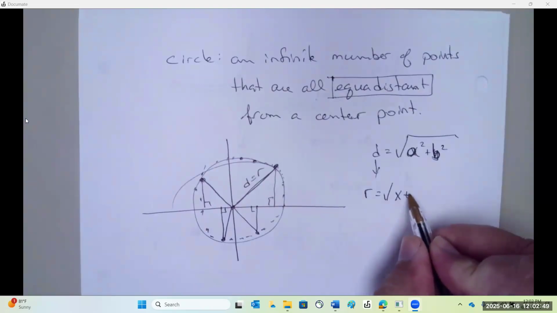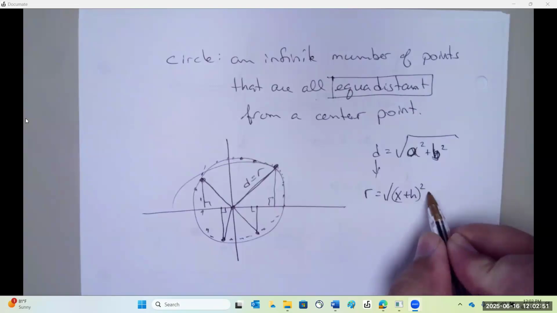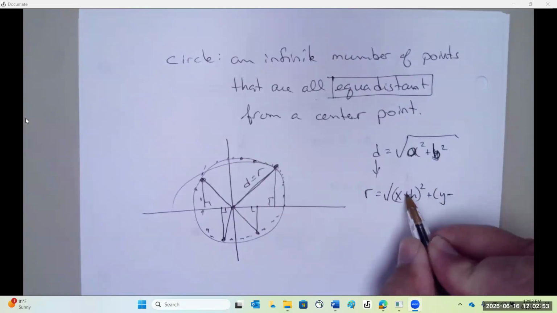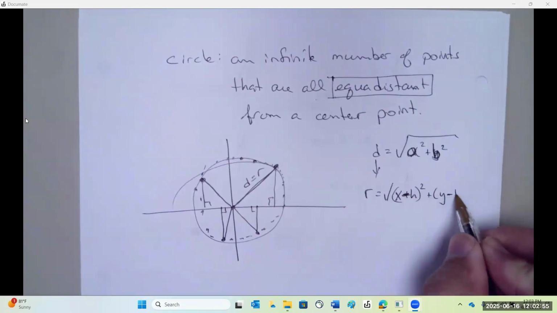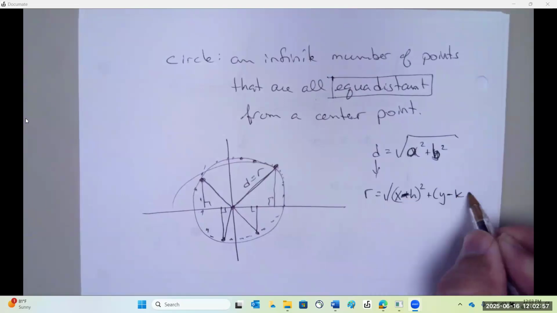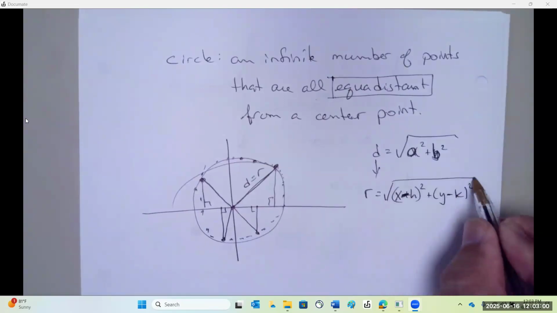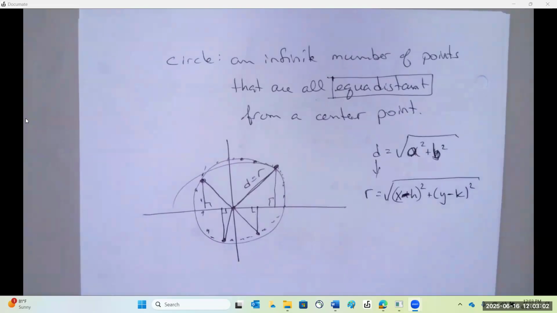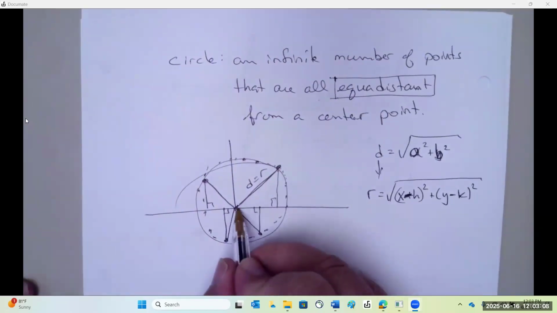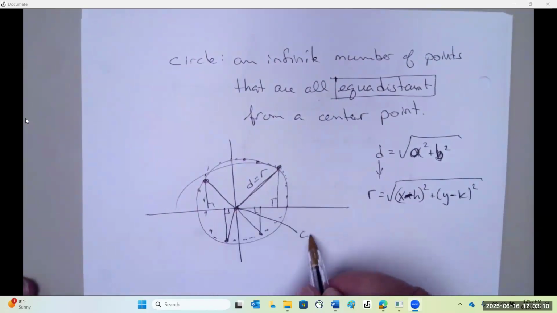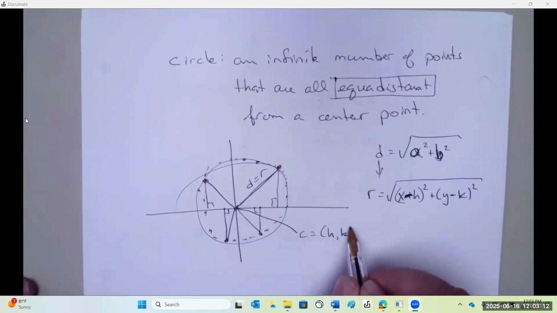It's (x plus h) squared plus (y minus k) squared, which gives us the equation of a circle. Because you don't have to stay at the origin anymore. This is the center, which is (h, k).